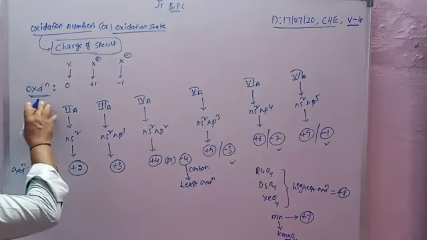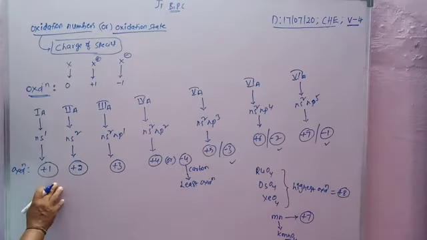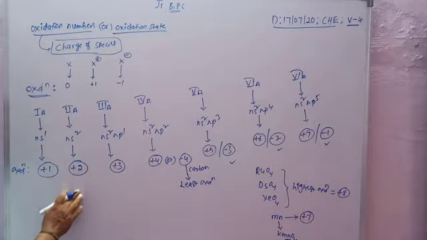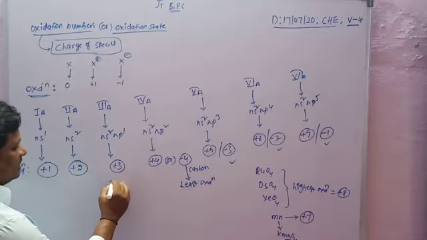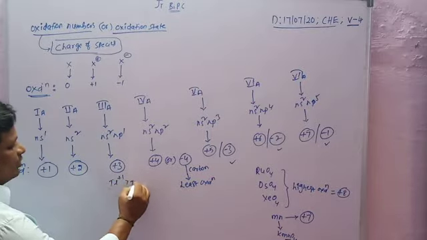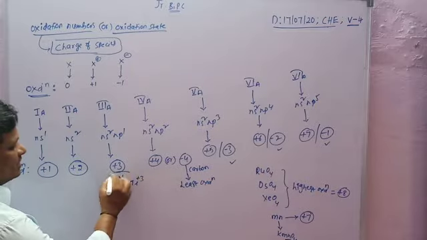So first group elements are ready to lose one electron, oxidation number +1. Second group, +2, like that. In the third group, one exception is thallium: +1 is more stable than +3.